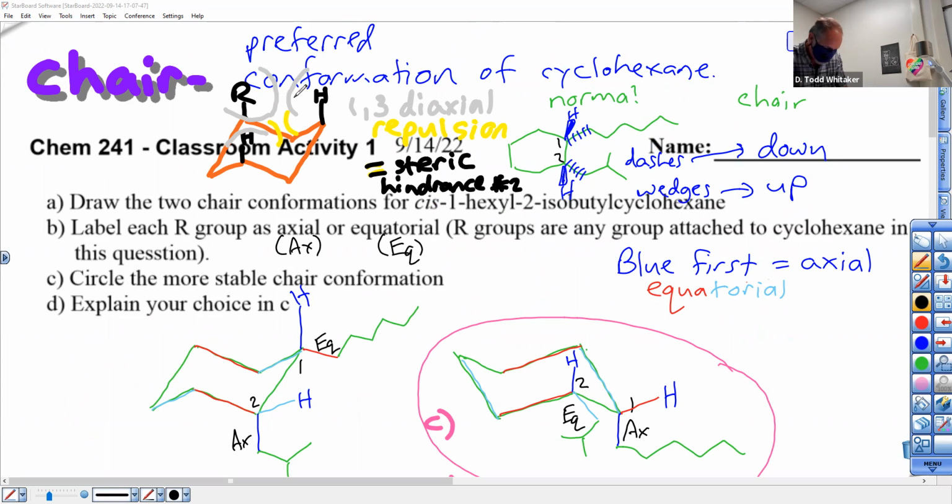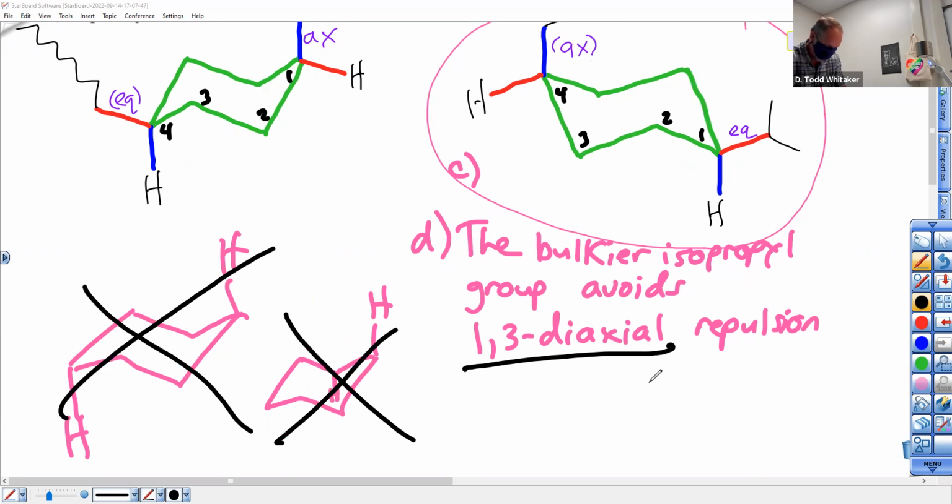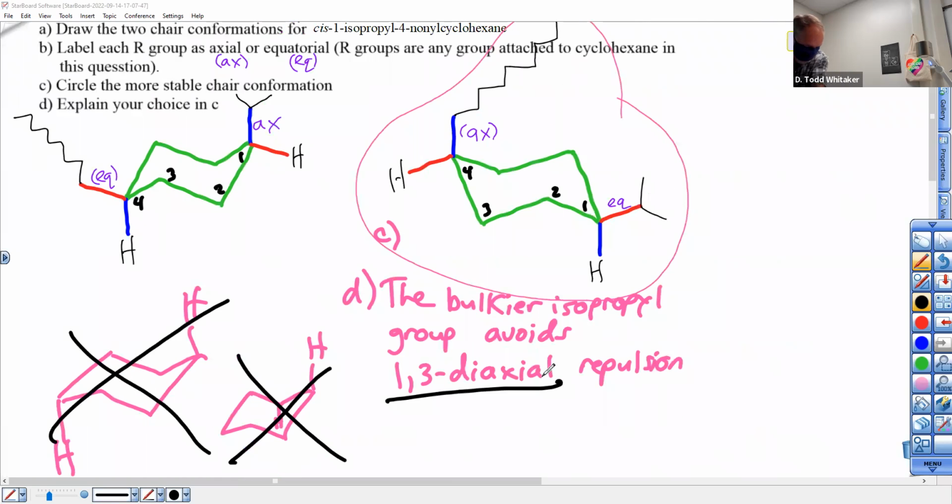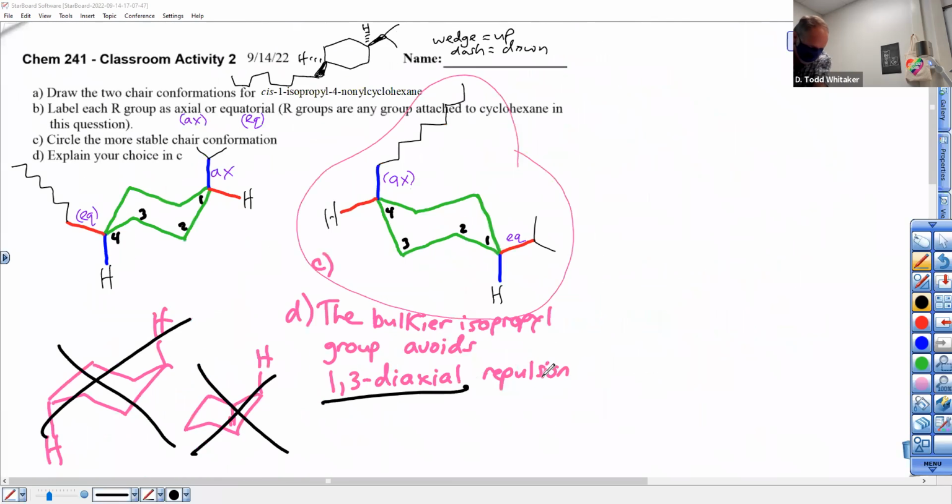Look, they are physically close in space. That's the negative interaction that you have to know. So don't give me any 1, 4 diaxial or 1, 2 diaxial. Only 1, 3. And that's that.